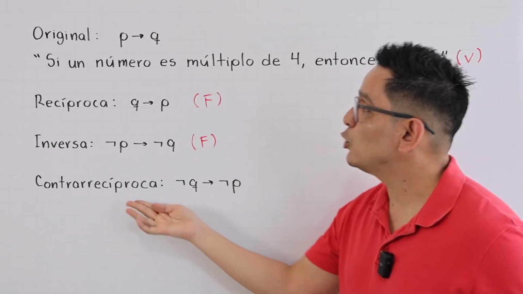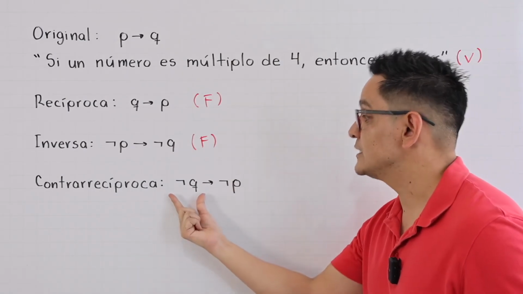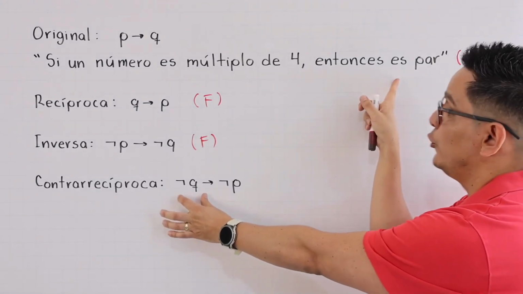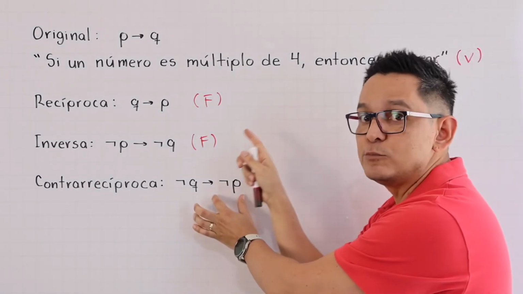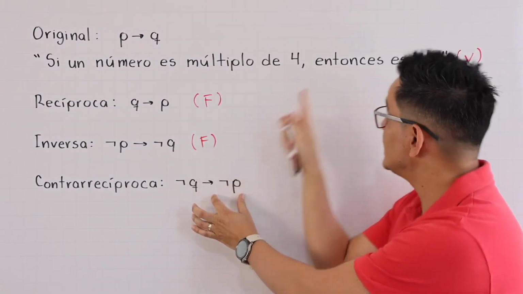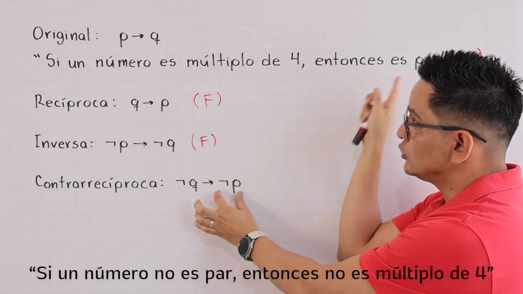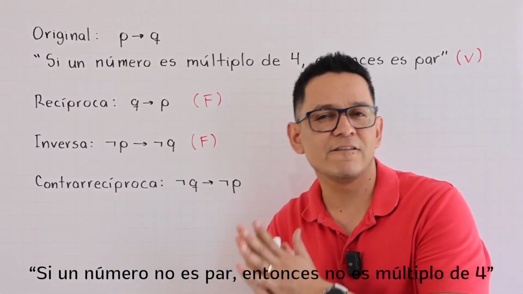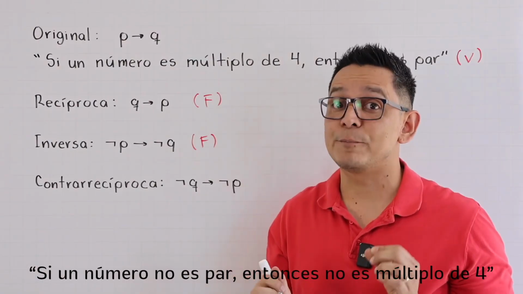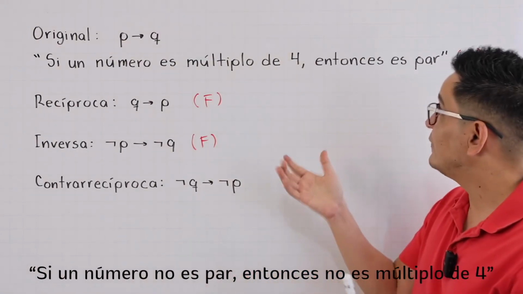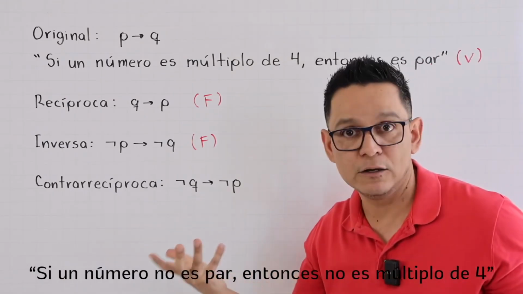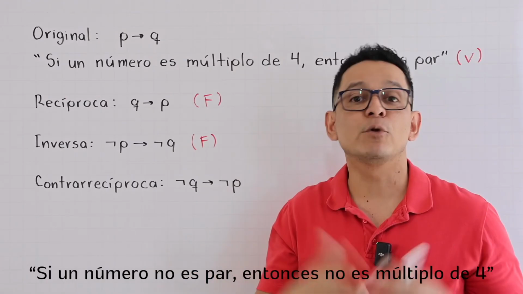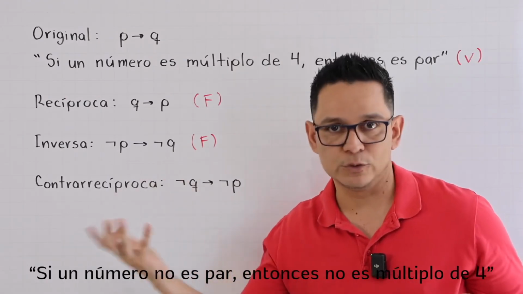And we finish with the contrapositive, which in this case is, if not Q, then not P. It would be, if a number is not even, then it is not a multiple of 4. This proposition will be either true or false. Very well, in this case the proposition is true, because if a number is not even, then it is not a multiple of 4. For example, 15 is not even, and it is also not a multiple of 4.